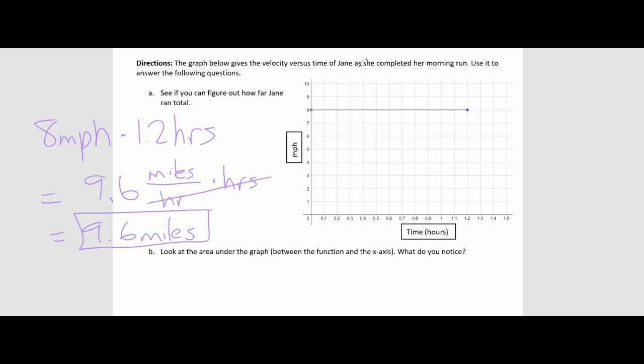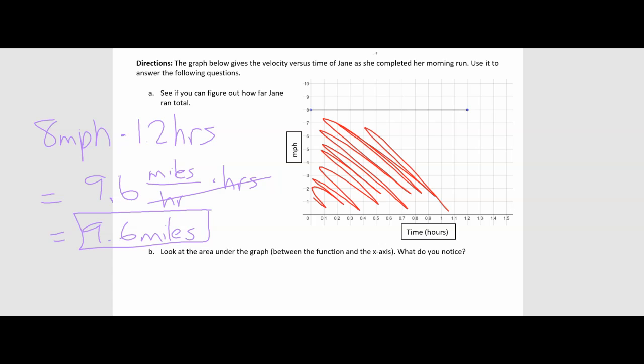Part B says, look at the area under the graph. And when I say under the graph, I mean between the function and the x-axis. And what do we notice? Well, let's take a look at that area. So we're talking about this area right here. Box that off. So all this area, well, this is the area of a rectangle, which is pretty easy to find.